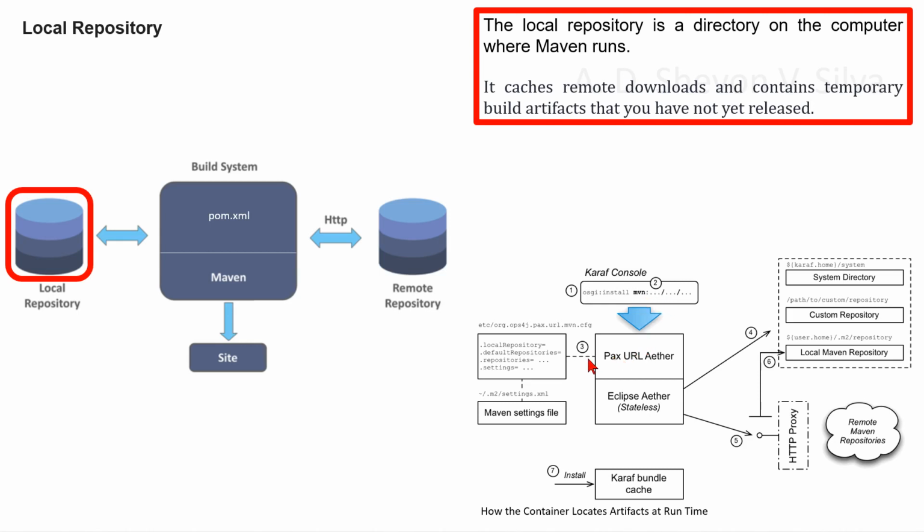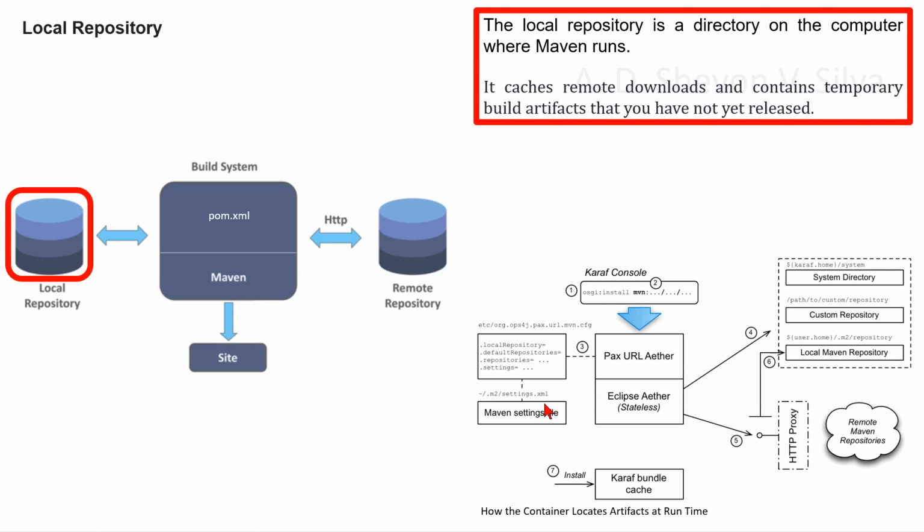Step 3, the pax-url-aether component reads its configuration from the InstallDir/etc/org.ops4j.pax.url.mvn.cfg file, and possibly also from a Maven settings.xml file if so configured.